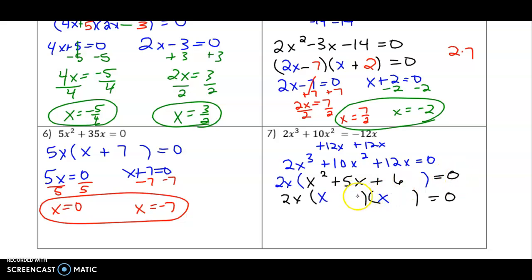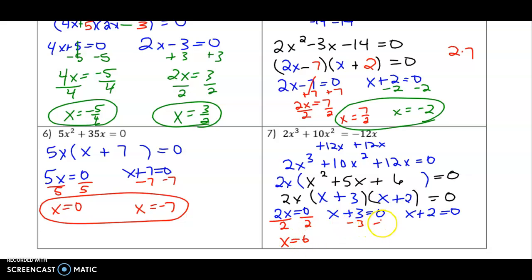So multiply to be 6 would be 3 and 2. Then we got plus and plus. So we can set them each equal to 0. 2x equals 0. X plus 3 equals 0. X plus 2 equals 0. So we can divide by 2 and get x equals 0.